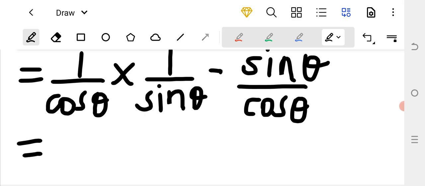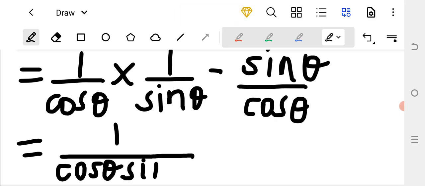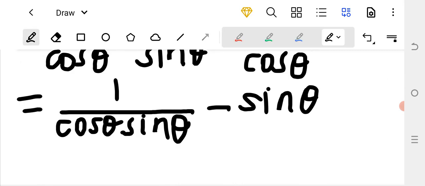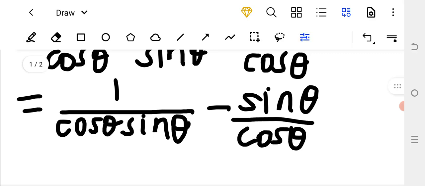It's going to be 1 divided by cos theta sine theta, minus sine theta divided by cos theta, like that. And then after doing that, what are you going to do?